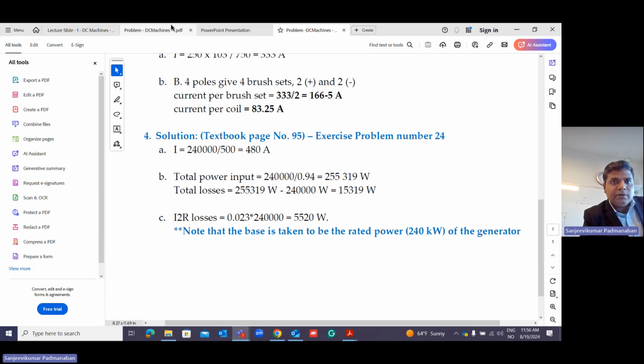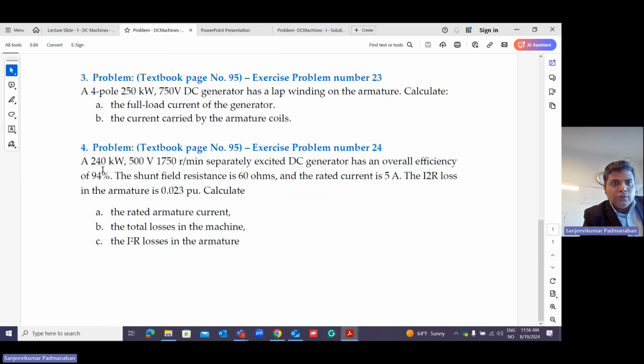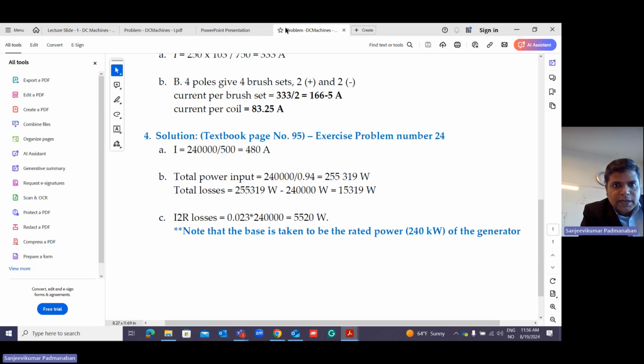So what is the power? The power of the machine is 240 kilowatt. Look at the formula, P equals V into I. Power is 240 kilowatt, voltage is 500. You can easily calculate the current. Substitute the values and calculate. The current is going to be 480 ampere.